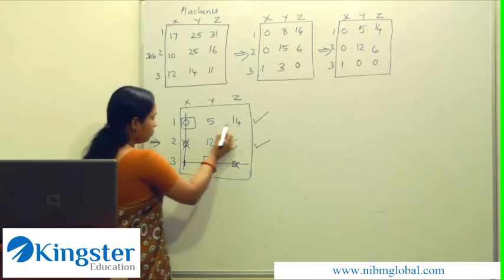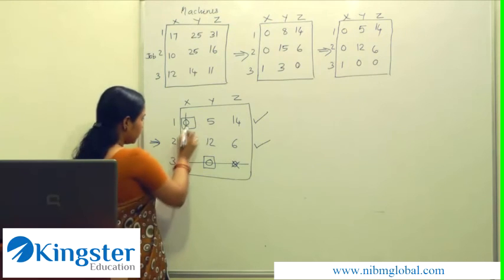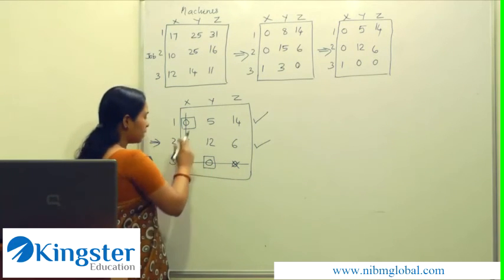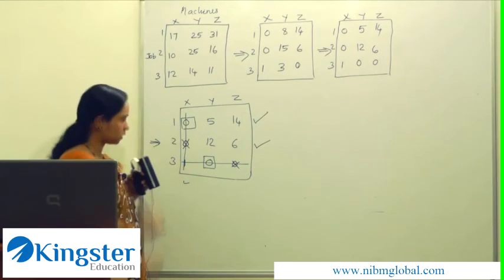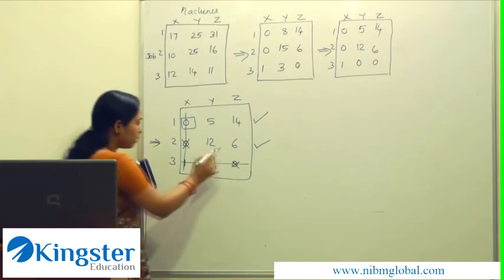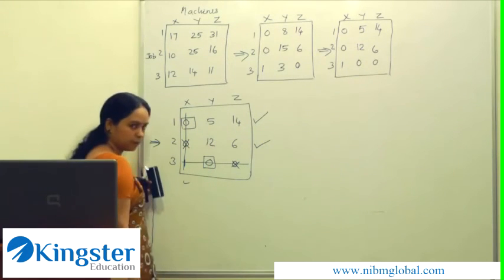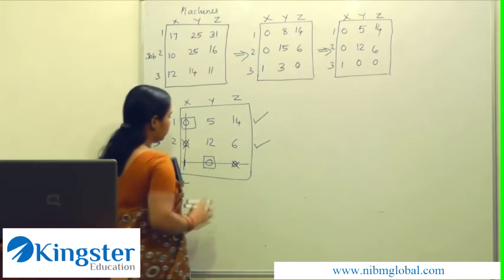See here, 5, 14, 12 and 6 are not covered by lines. This 0, this 0, this 0 and the last 0 are covered by a single line, and this 1 is covered by two lines. Now among the elements which are not covered by lines, select the minimum element, or minimum value, or minimum cost or time.